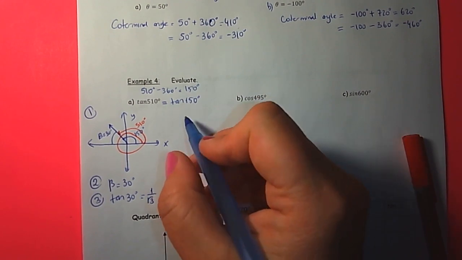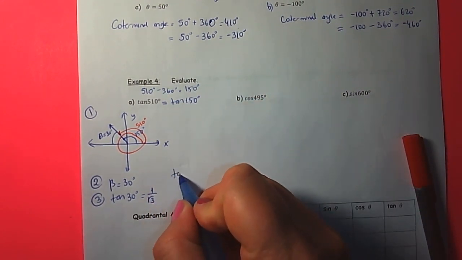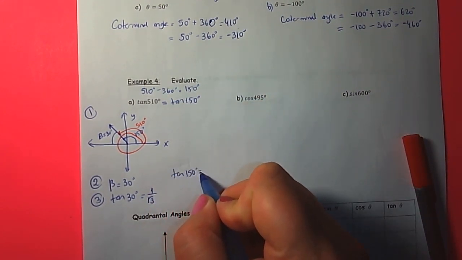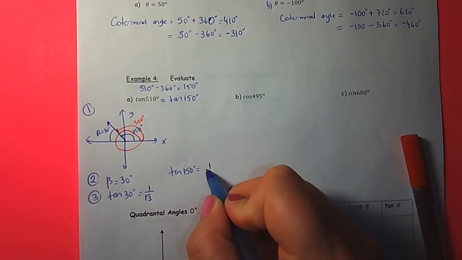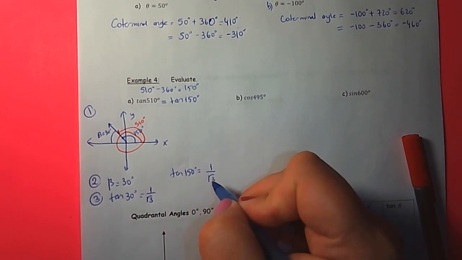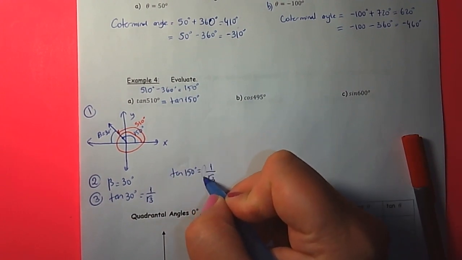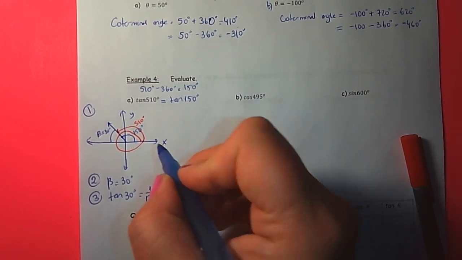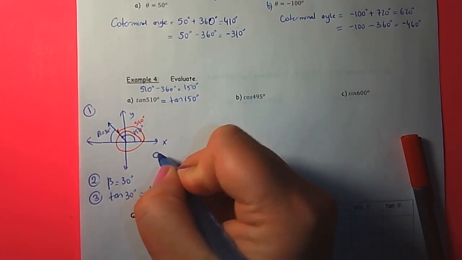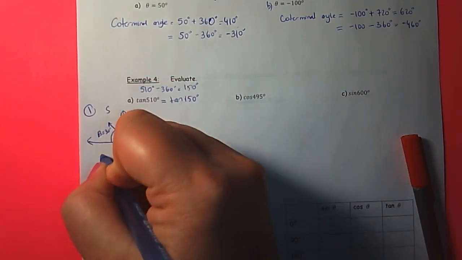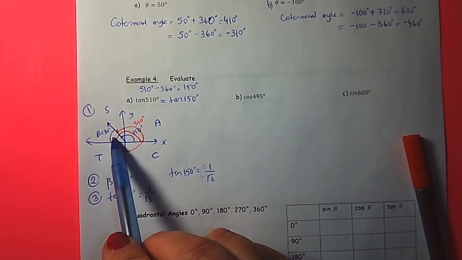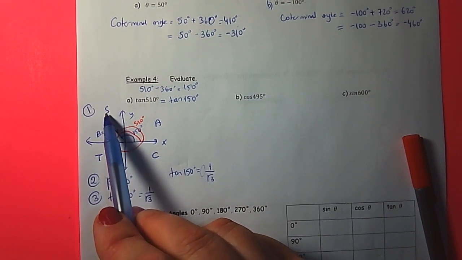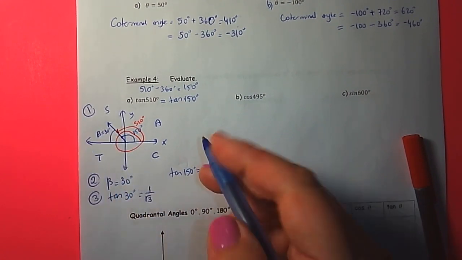Now we can write the ratio for tangent 150. We know the numerical value is going to be 1 over root 3. Then we need to decide if we put a negative or positive sign here. So we write CAST. We are in quadrant 2. In quadrant 2, sine is positive, so tangent must be negative.